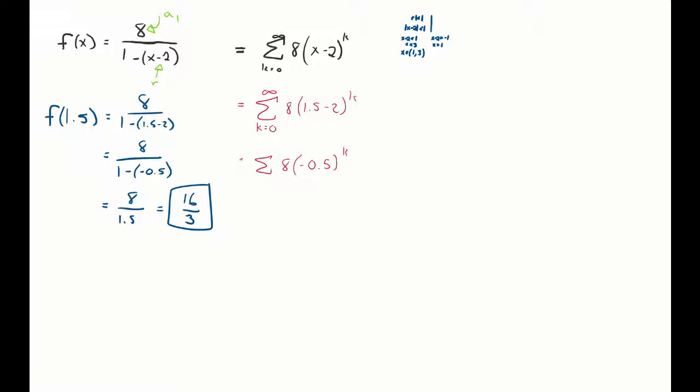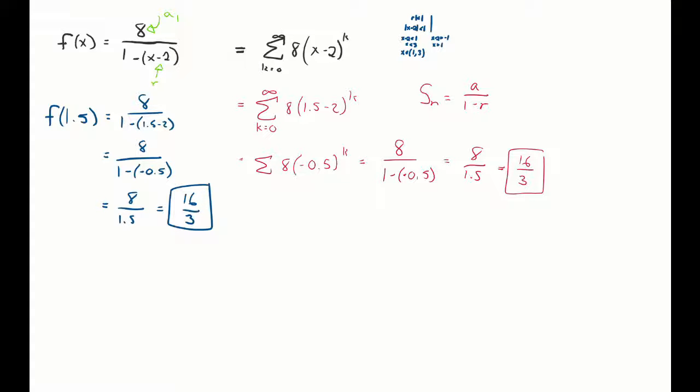So I all of a sudden have this infinite geometric series. What's the sum of it? Oh, I have the formula: S is equal to a divided by 1 minus r. A, which is 8, divided by 1 minus my r, which is negative 0.5, which is equal to 8 divided by 1.5, which is equal to 16/3.